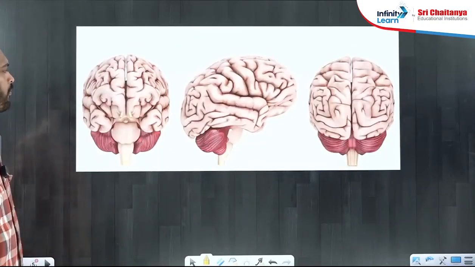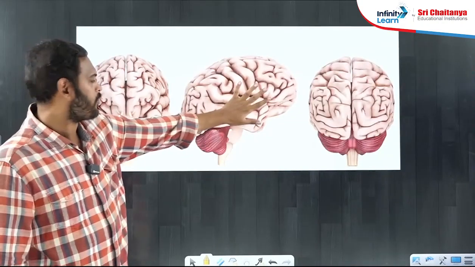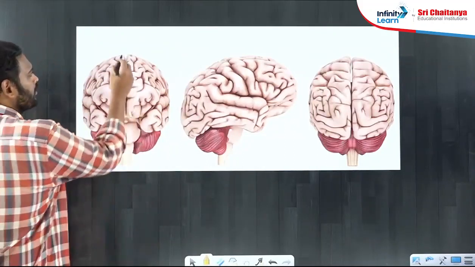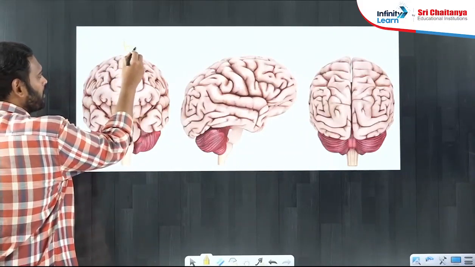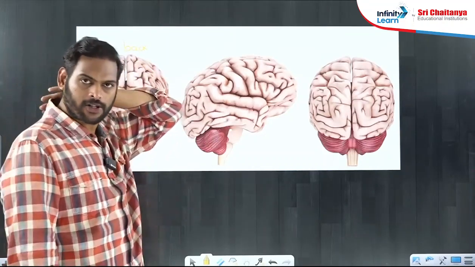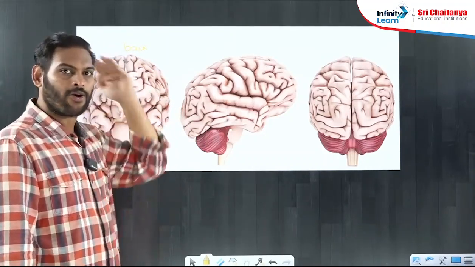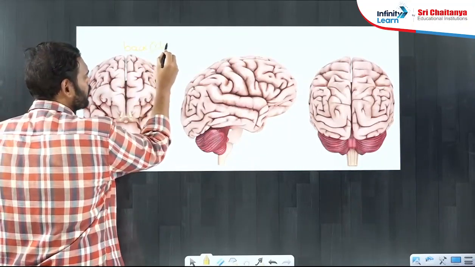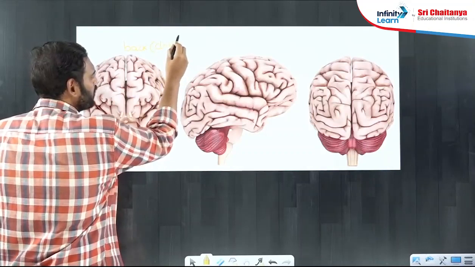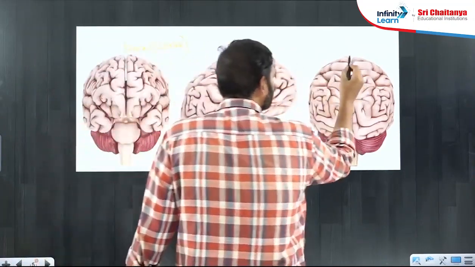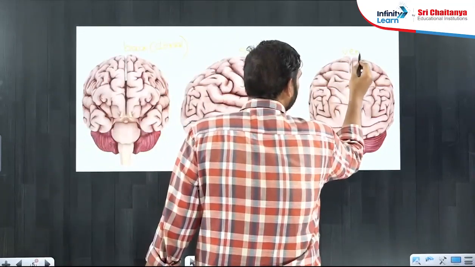And if you see side view, front view, back view. This is back. Guys, what is back in scientific language? Ventral or dorsal? Back is dorsal. This is side view. This is ventral, front view.